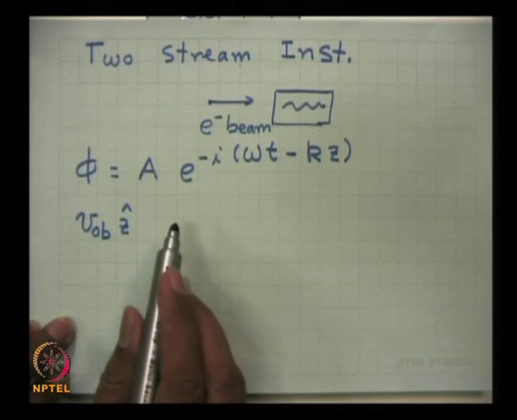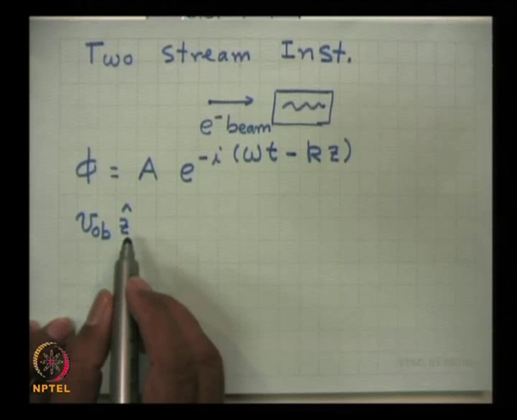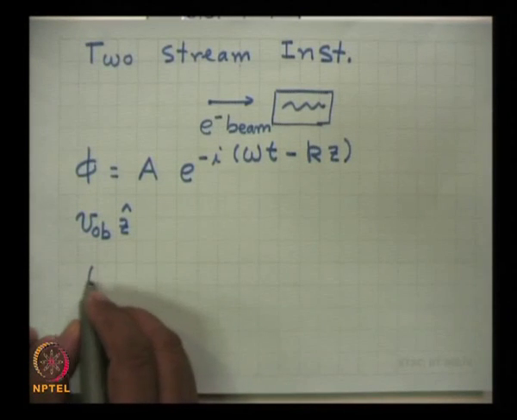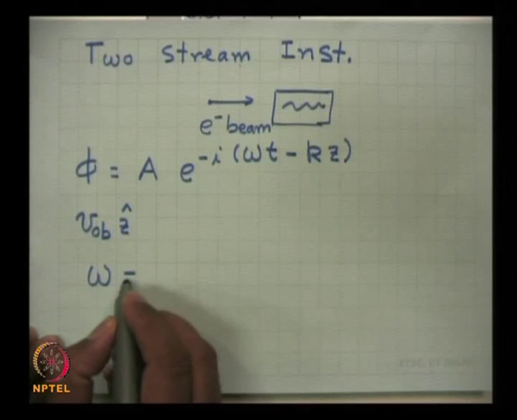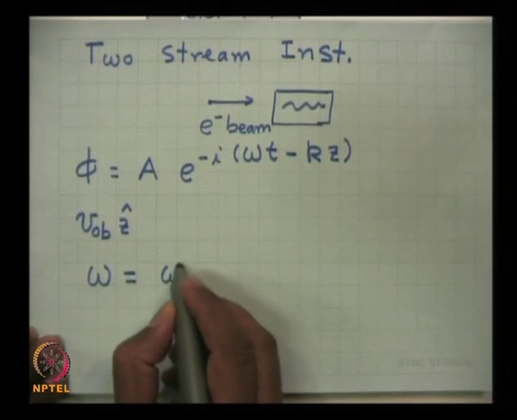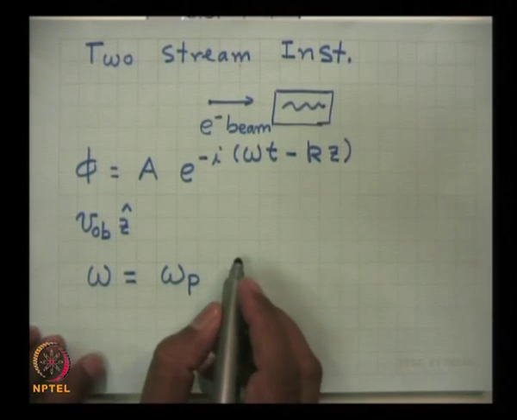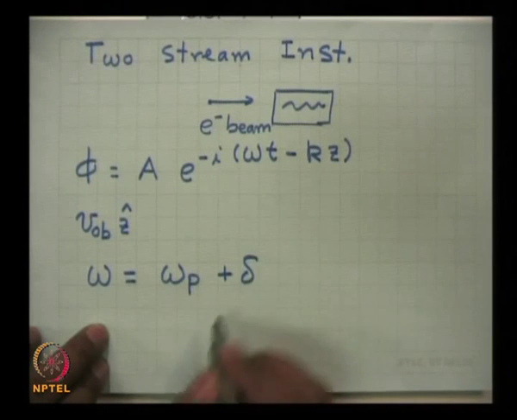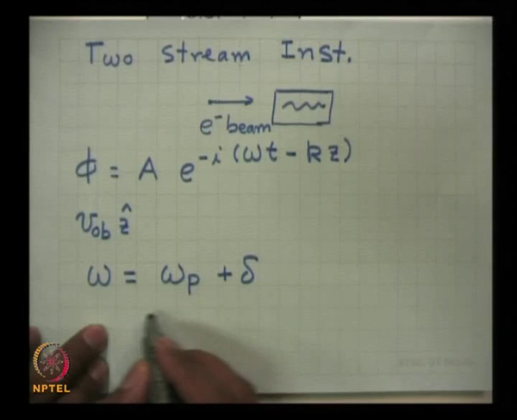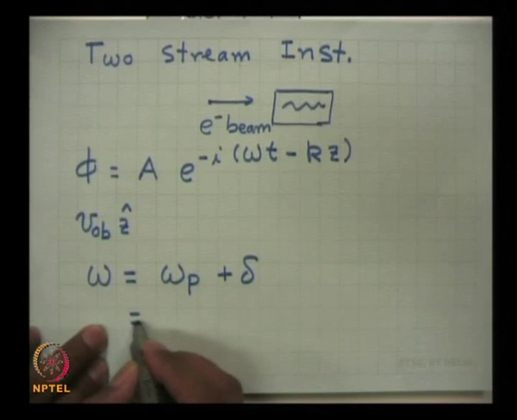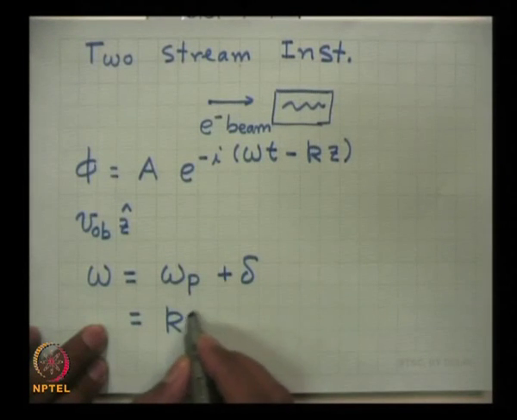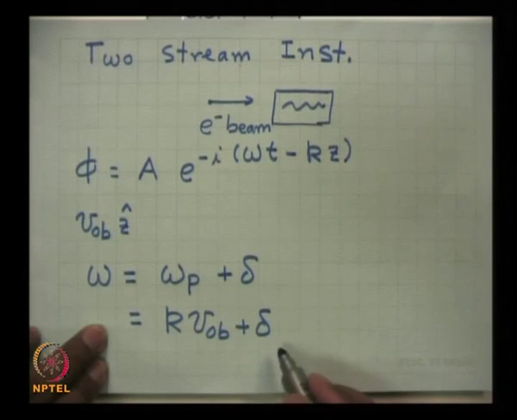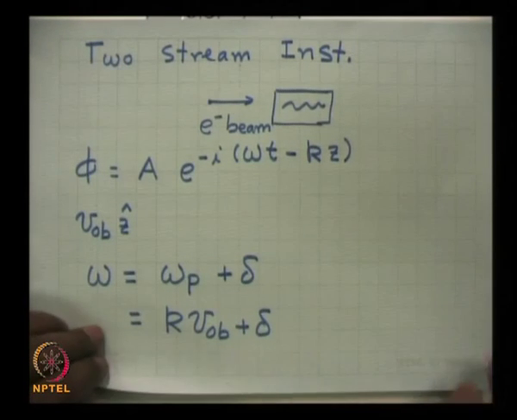As a consequence of the interaction of the beam with the plasma, we found that the frequency of this mode omega was expressible as omega p, the plasma frequency of electrons of the plasma, plus a quantity delta, which was also equal to k v0b plus delta, and delta we obtained.